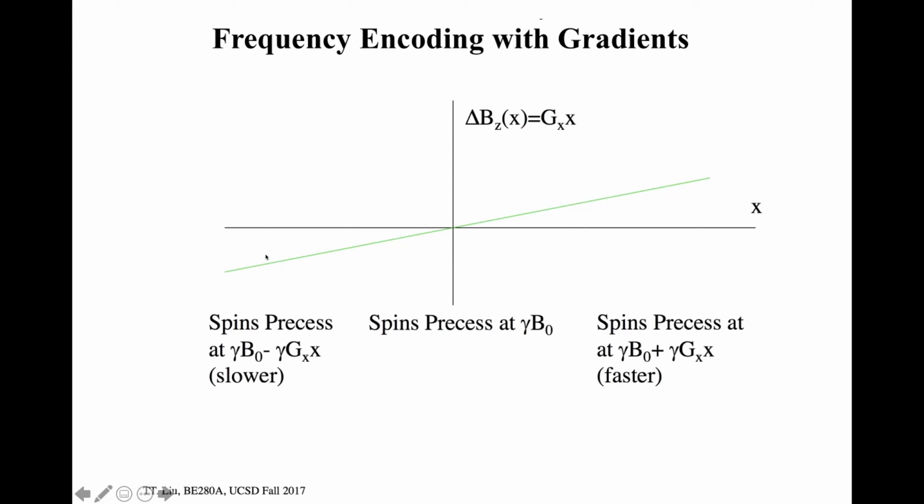And so I can, through this process, encode their position along that direction by acquiring signal while this gradient is on. So the center of my imaging device is defined by where this gradient has a 0 delta BZ. That defines the center line, and anything on this side is going at progressively higher frequencies. Anything on this side is going at progressively lower frequencies, depending on how far in X you are displaced from that center.